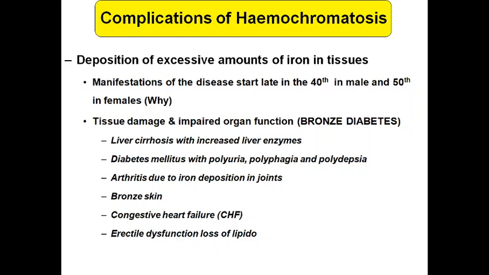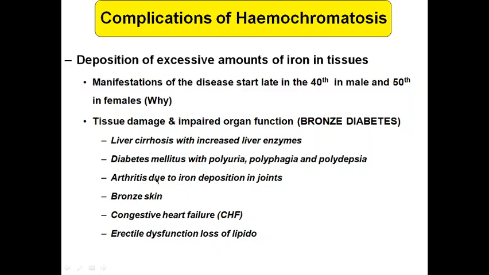Again, liver cirrhosis may be transformed into hepatic carcinoma or liver cancer. Deposition of iron in the pancreas will result in the development of diabetes mellitus with different manifestations of DM like polyuria, polyphagia, and polydipsia.